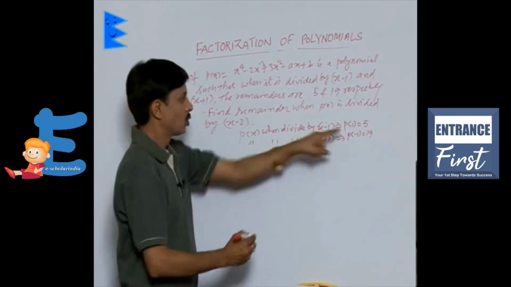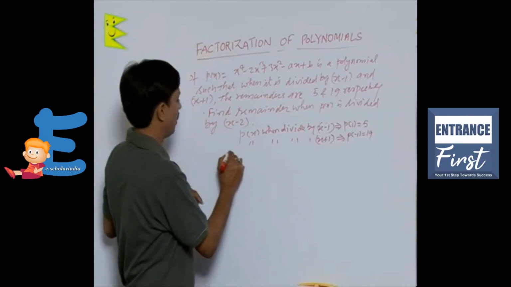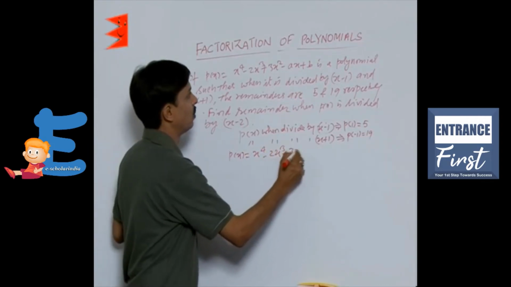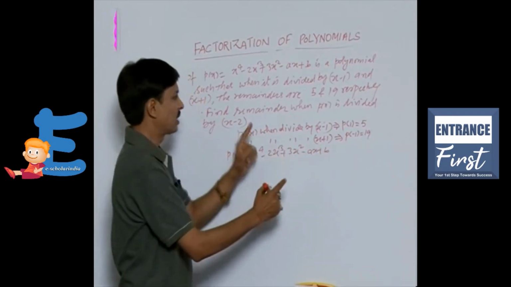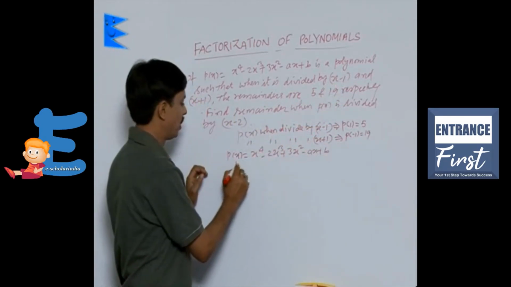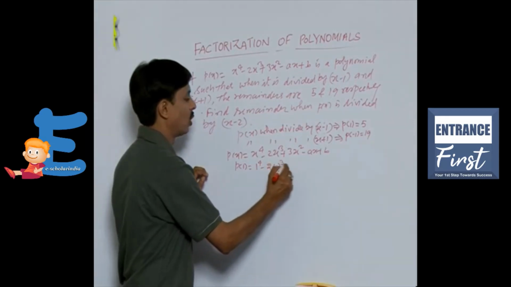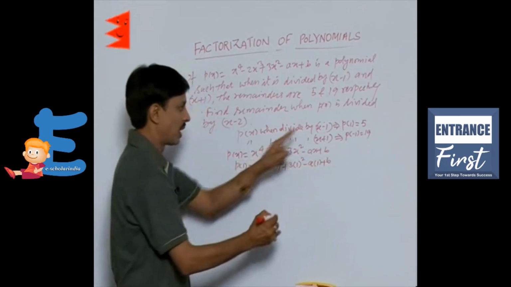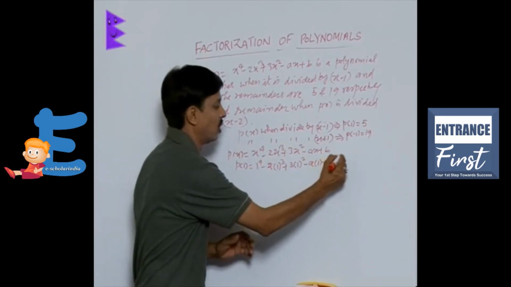So P(1) is 5, meaning in the polynomial P(x) is equal to x to the power 4 minus 2x cube plus 3x square minus ax plus b, put x equal to 1, because x minus 1 gives x equal to 1. So P(1) is equal to 1 to the power 4 minus 2 into 1 cube plus 3 into 1 square minus a into 1 plus b. But the answer of P(1) is 5, so this value is equated to 5.